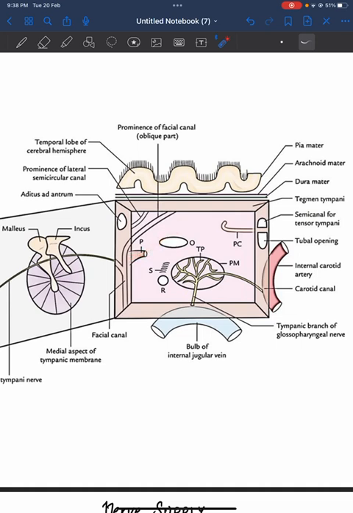Now, what is the function of the tensor tympani muscle and the stapedius? These muscles are very important. During any noise pollution or very high levels of sound, these muscles contract or tense, leading to decreased volume of the middle ear. When the middle ear volume decreases, the air present in it should also decrease, and over here you also have the tubal opening, from where the air can go out.